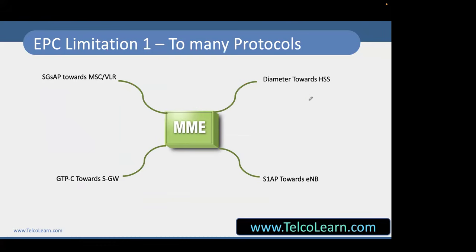If you look at the core network of 4G, specifically from the control plane perspective, the MME has multiple different protocols. It has SGsAP towards MSC/VLR, Diameter towards HSS, GTP-C towards SGW, and S1AP towards eNodeB.